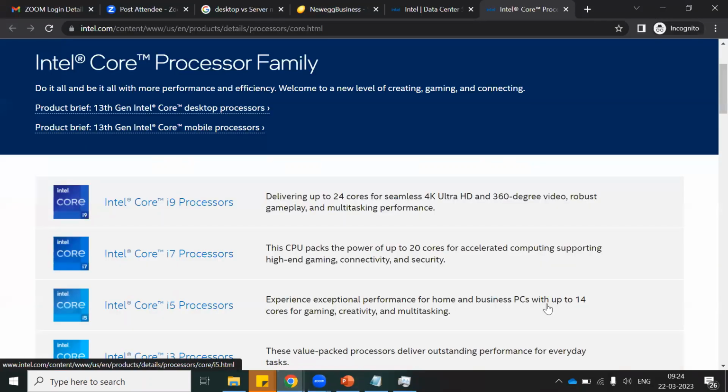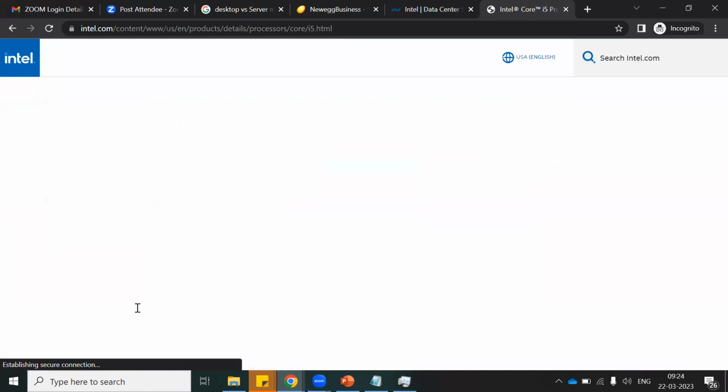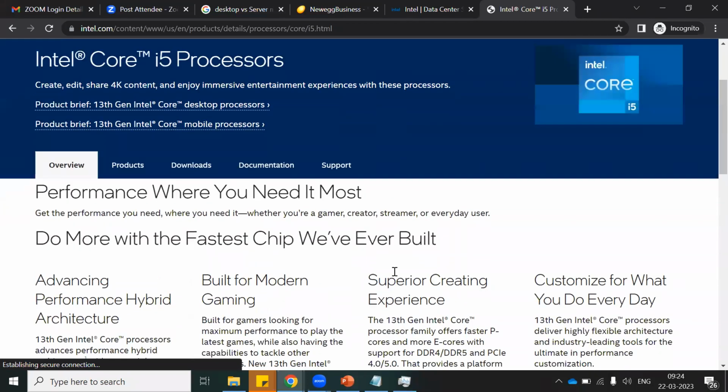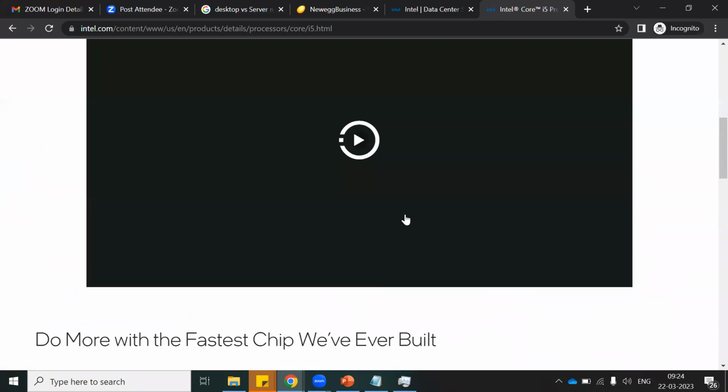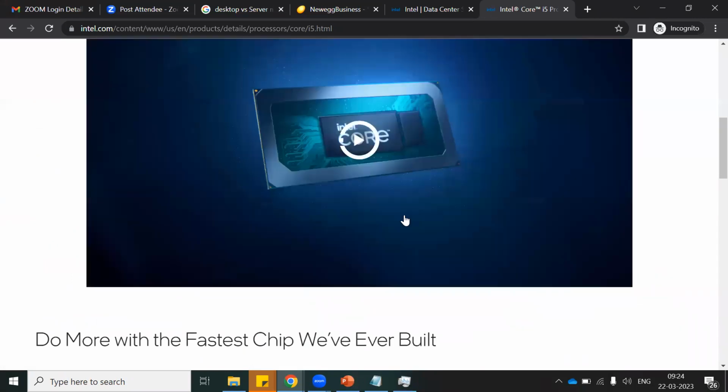If you see here, up to 4 cores, 14 cores, up to 14 cores. What is that 14 cores? In a physical single processor chip, it is going to provide 14 logical cores.